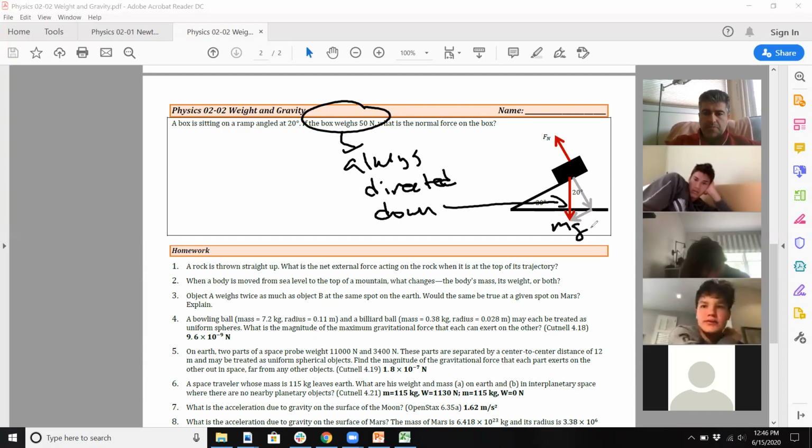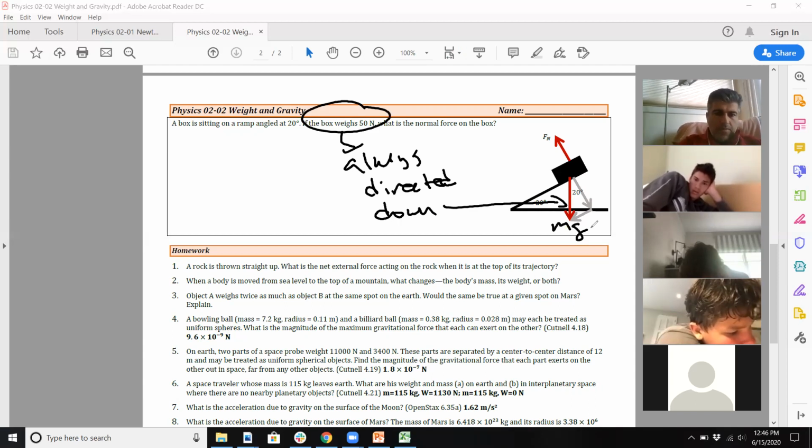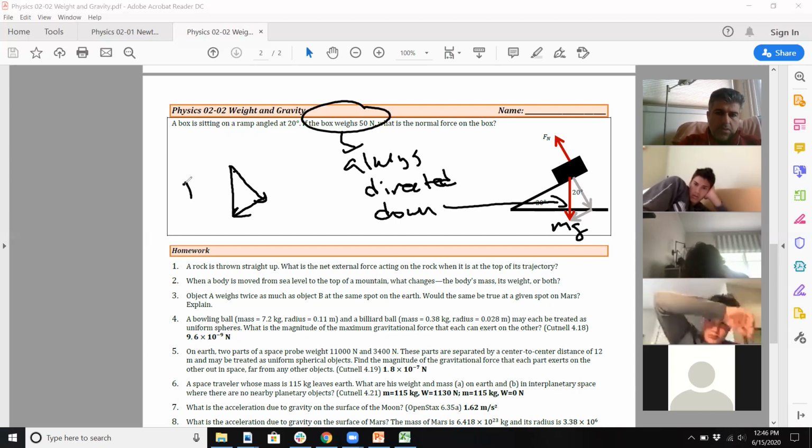So that's going to be mg. Now, the things that if I draw that again, so this is mg, or we call it the force due to gravity. Remember, same thing.